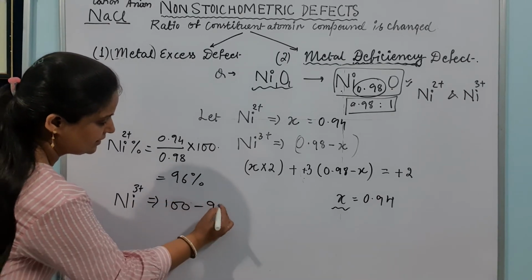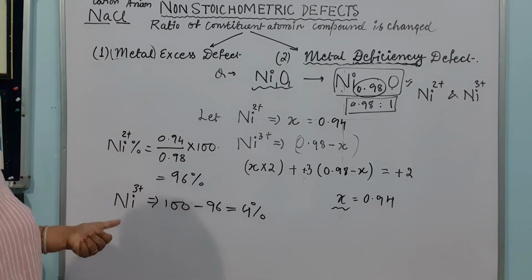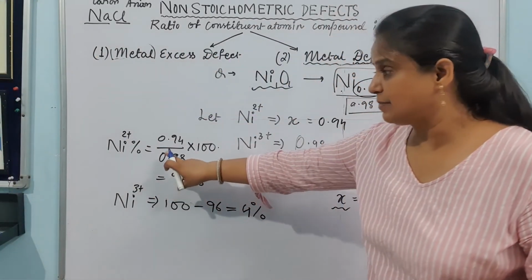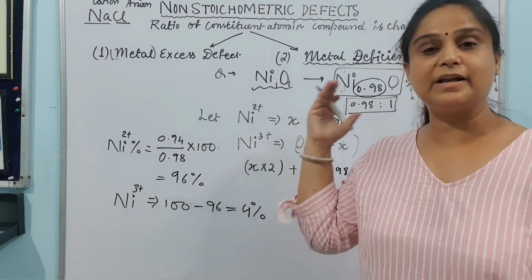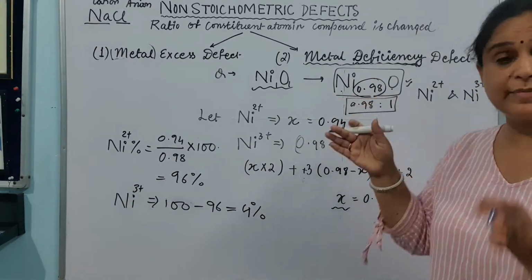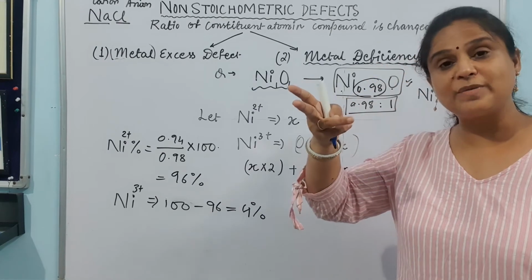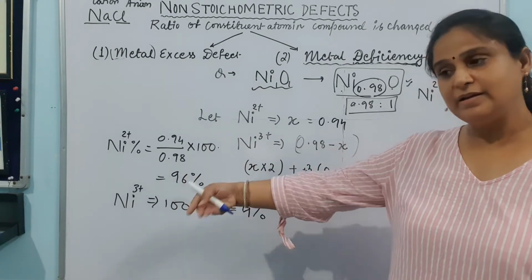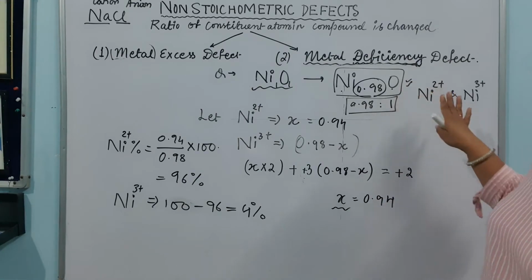100 minus 96, because now I have converted it into percentage, so 4% will be of Ni+3. What does this mean? It means that 4% of the Ni+2 has been replaced by Ni+3, because of which Ni had to leave. And the total ions are 98. If I take it out of 100, then the total is 98, meaning 2 have gone missing out of 100, and then 96% will be Ni+2 and the left out will be Ni+3. Is it clear? So I hope it is clear to you that this is metal deficiency defect.